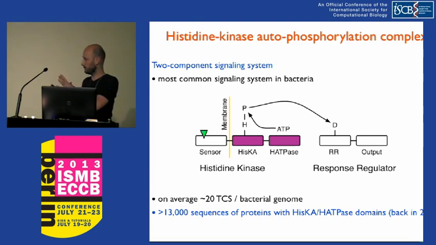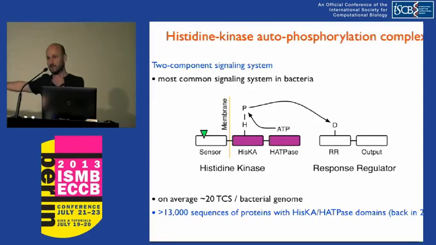So it's a very simple signaling system, and bacteria use this architecture over and over for very different signals. That's why already in 2008 we were able to collect 13,000 sequences for these two domains, histidine kinase and HATPase together. And I want to talk about the interaction between these two domains.